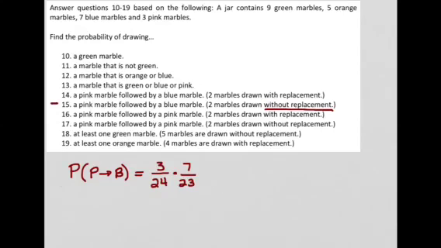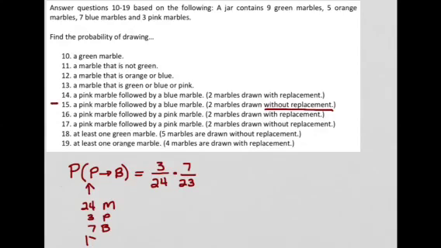But we always assumed that we were successful the first time. So we're assuming that there was a pink marble drawn the first time. So before we drew the first marble, what did we have? We had 24 marbles, and 3 were pink, and 7 were blue, and then we had 14 others.